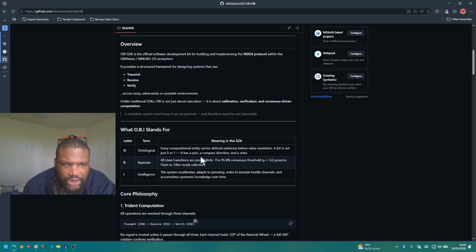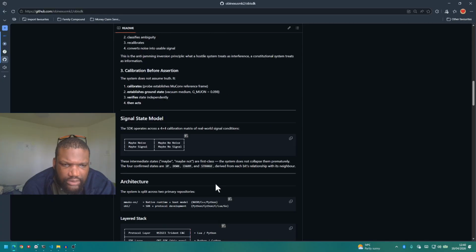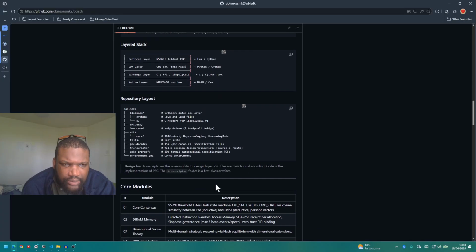Every computation carries a different existence before validation. What is a probabilistic network association issue? First validation, Bayesian. So the system knows itself. It's a complete system.